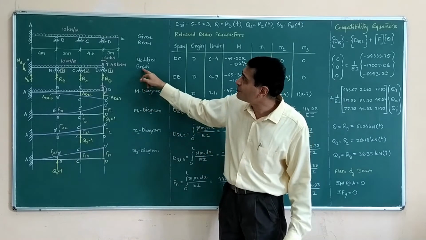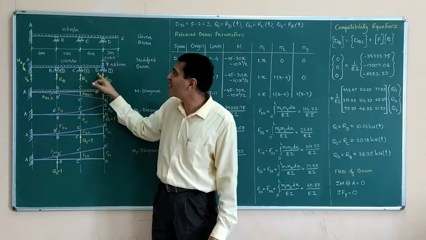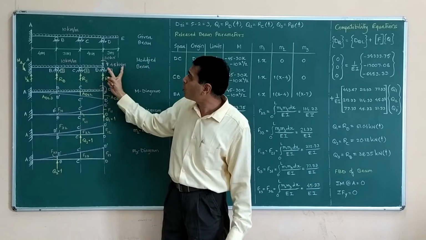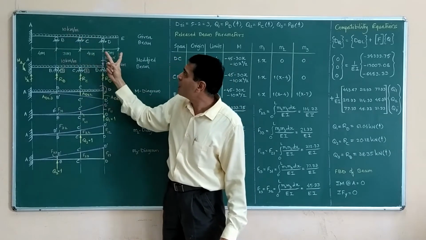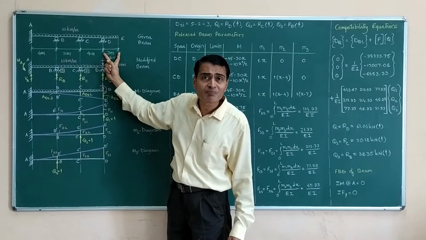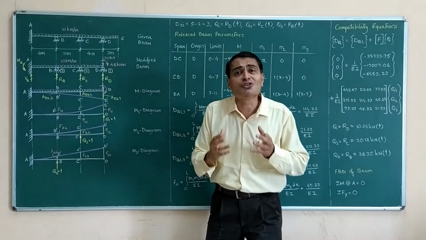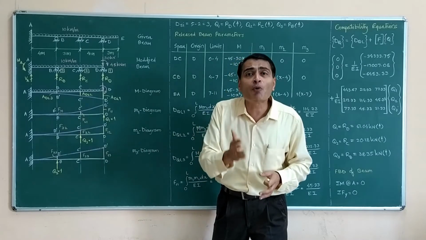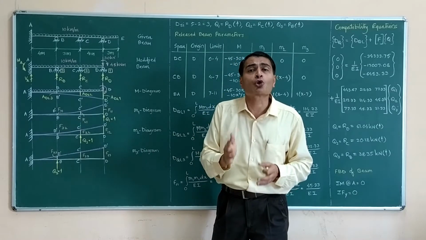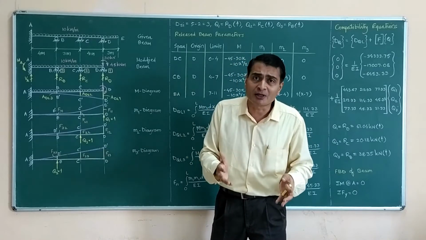So observe the diagram for modified beam where I am showing supports A, B, C and D, and then for the overhanging portion I am calculating 10 multiplied by 3. 10 multiplied by 3 will be 30, that is 30 kilonewton load acting at midpoint of the overhanging portion or mid span of the overhanging portion, that is at 1.5 meters.